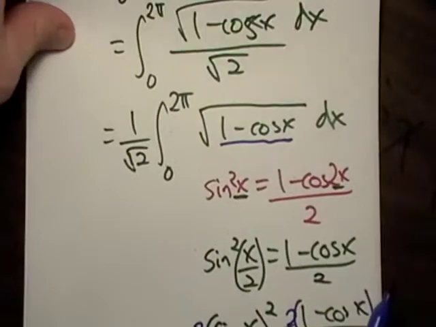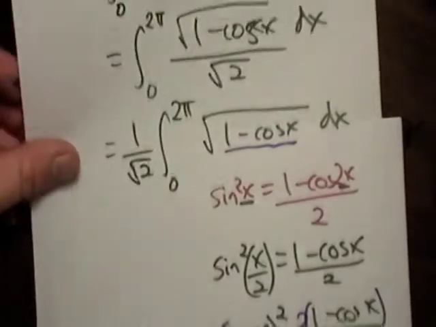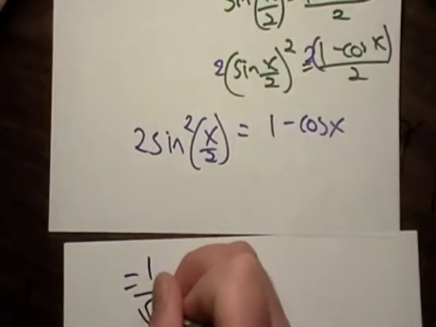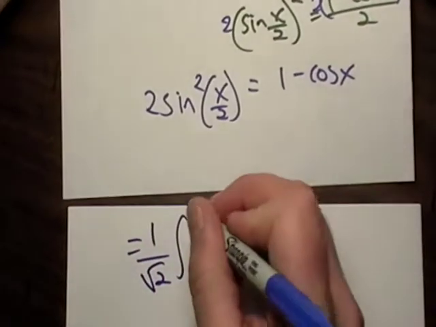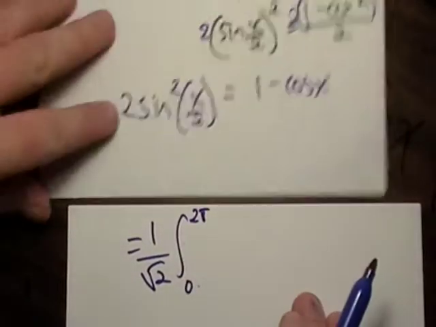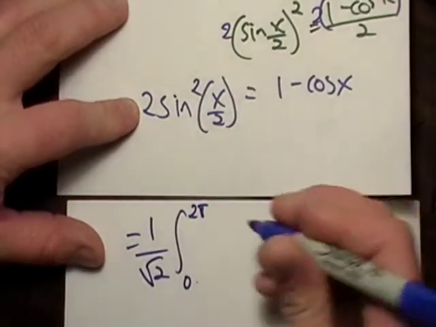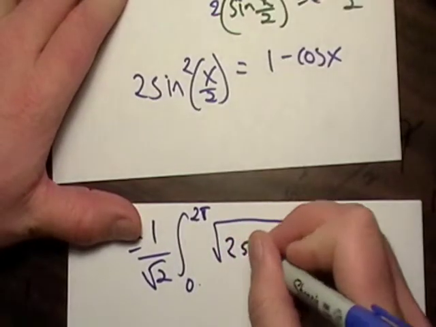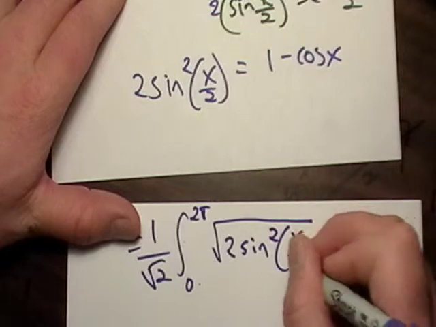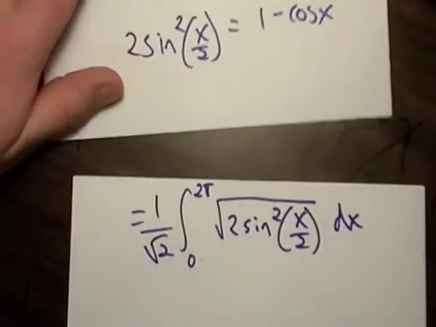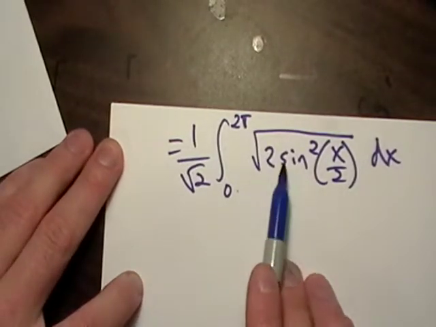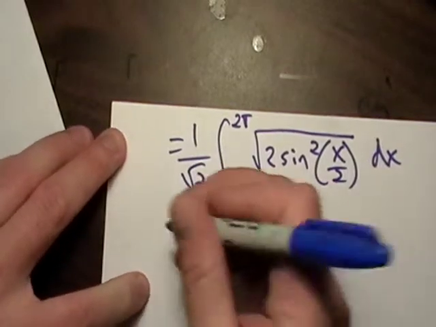Okay, so let's just write this on another piece of paper. 2 pi is still there. And then the square root of 1 minus cosine x, well, that turned out to be 2 sine squared x over 2. Now this is actually going to look a little more like the square root of 2 times the square root of sine squared, so we can pull this constant out.